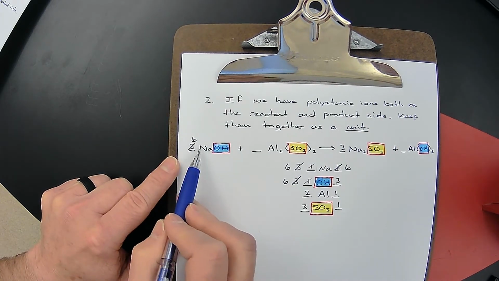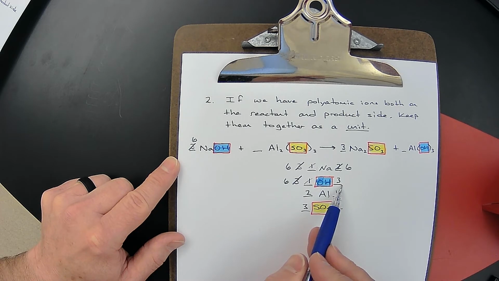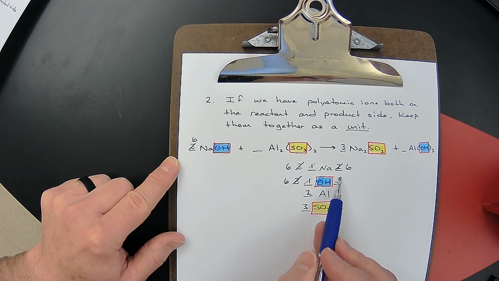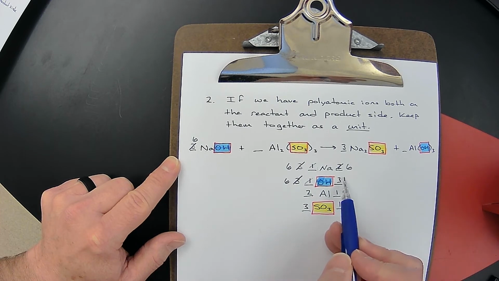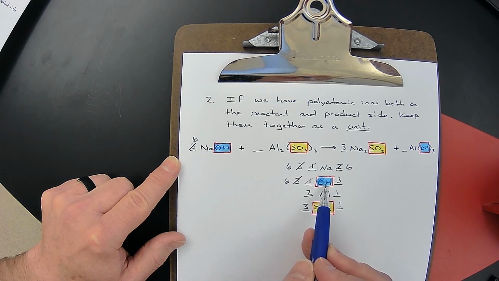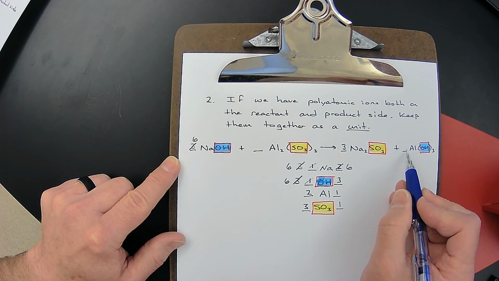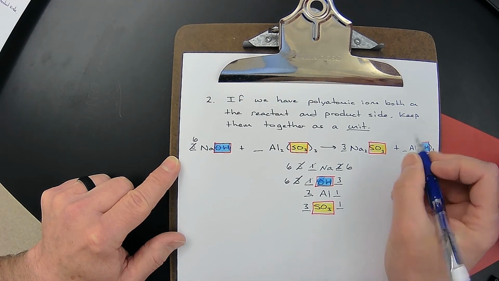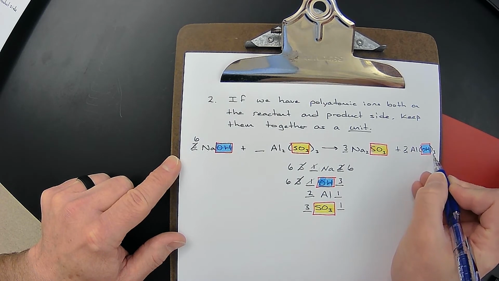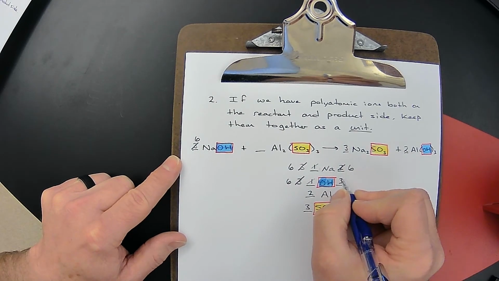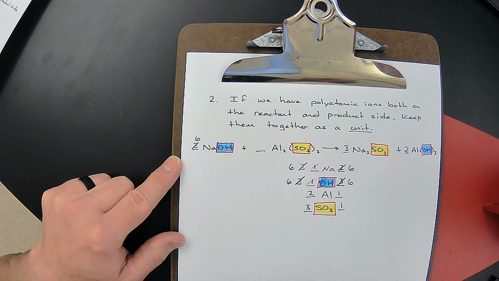I still haven't recounted my OHs on this side. I have 3 OHs on this side, but I really want to cross this out and turn it into a 6. So in order to do that, I need to put a 2 right here, because 2 multiplied by the 3 will give me 6 OHs.